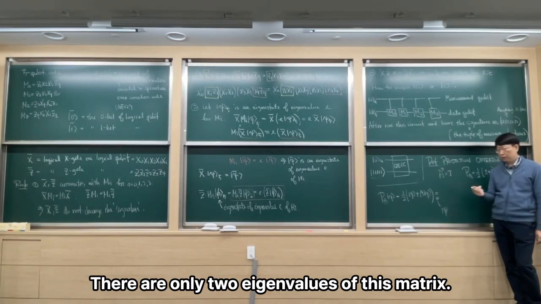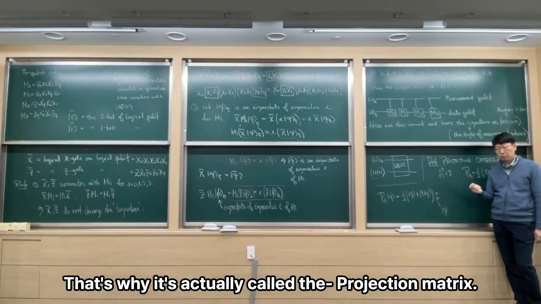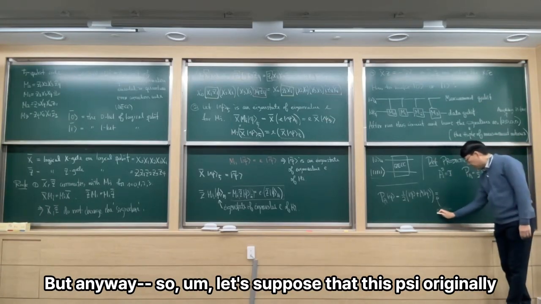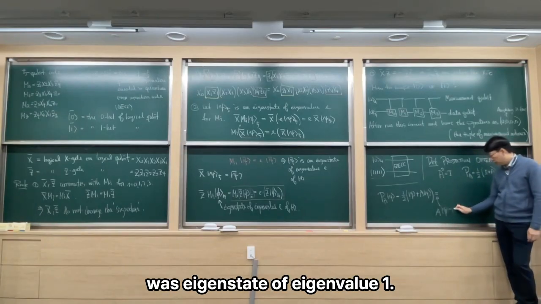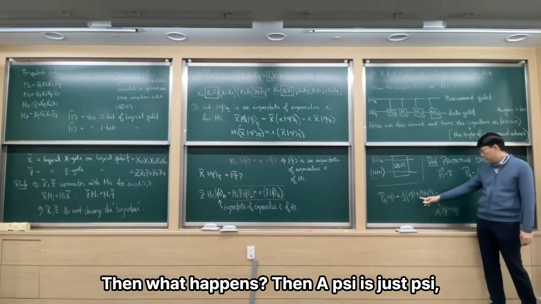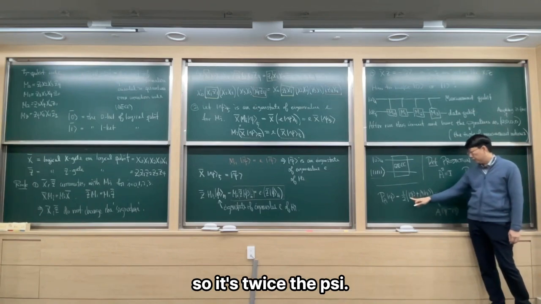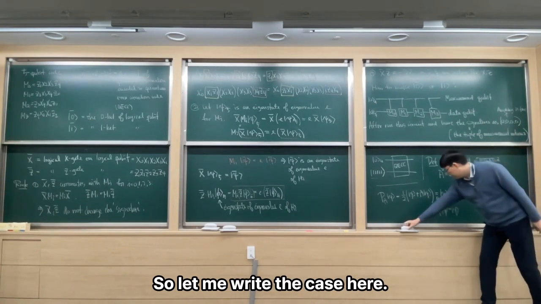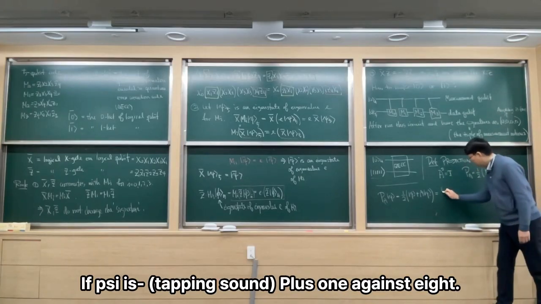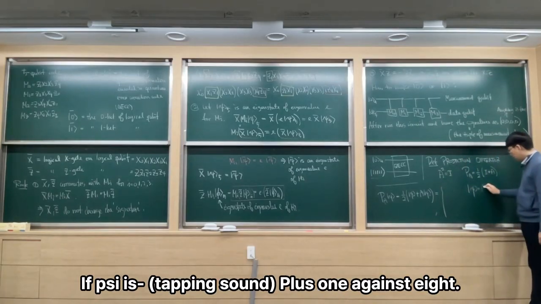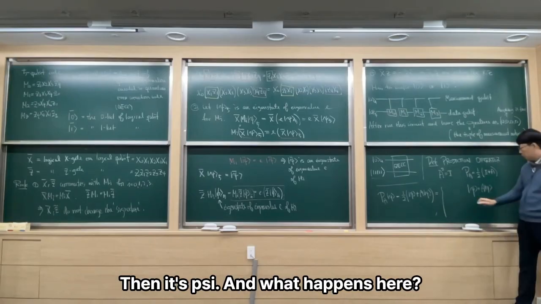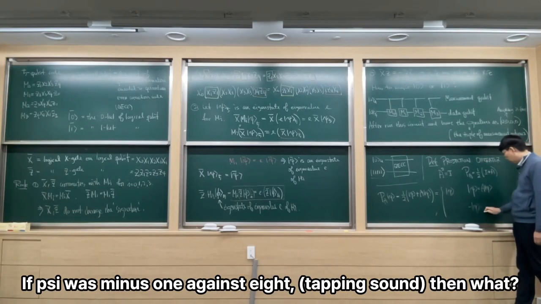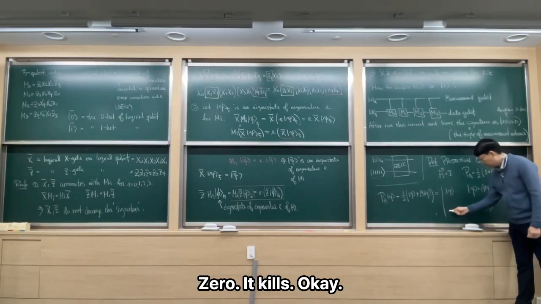There are only 2 eigenvalues of this matrix. That's why it's actually called a projection matrix. Anyway, let's suppose that this psi was originally an eigenstate of eigenvalue 1. Then A psi is just psi, so it's twice psi times one half, so it becomes psi, right? So if psi is a +1 eigenstate, then it's psi. And if psi was a -1 eigenstate, then it's 0. It kills it. Okay.